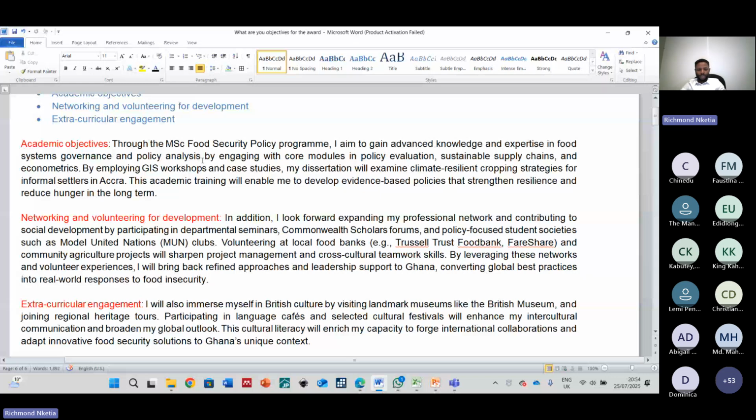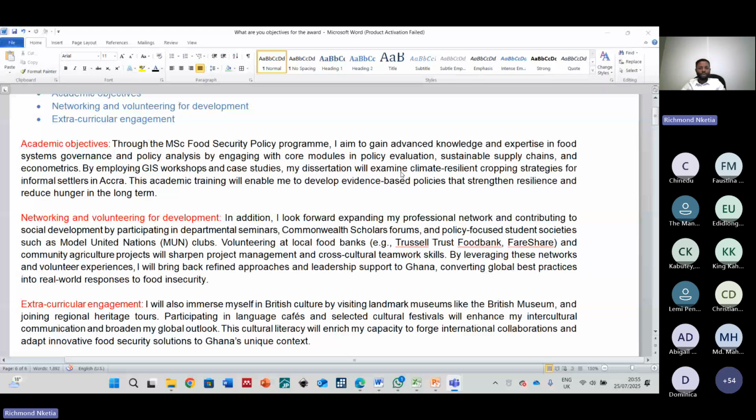And I would achieve this by engaging with core models. So now I'm beginning to list models, so the models are like the courses. Back home, like if you're reading medicine, you're taking courses in anatomy, physiology, whatever. Yes. So here you're going to read MSc Food Security Policy. That's your program.